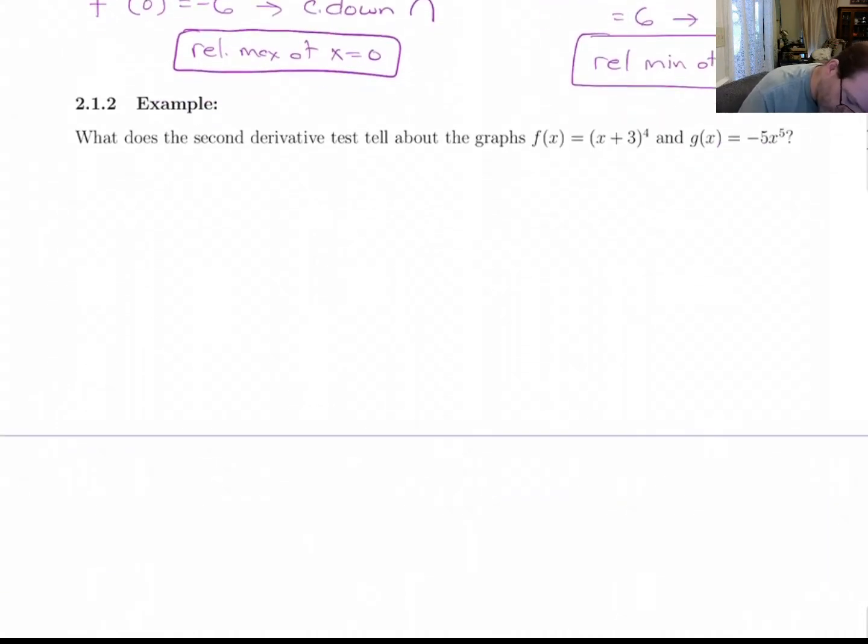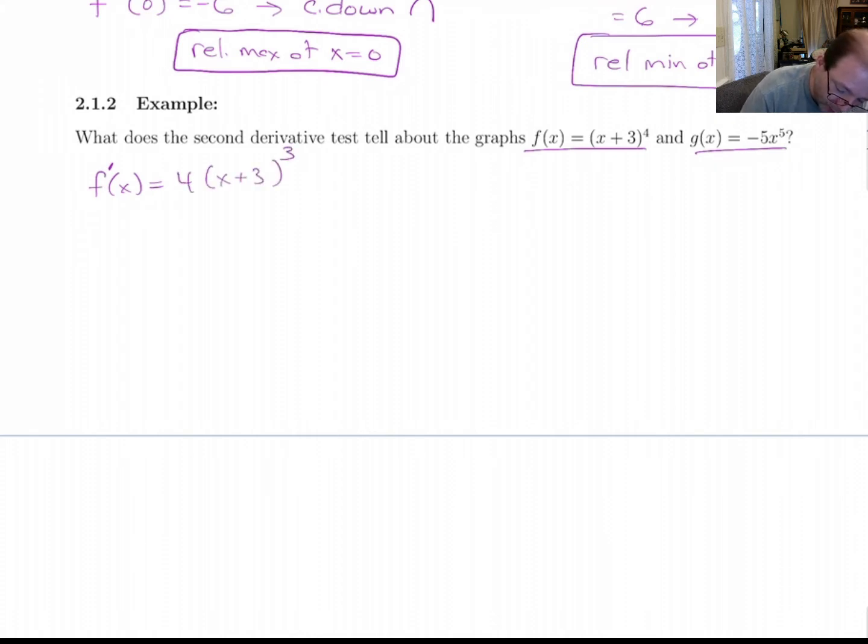Let's look at one more example. What does the second derivative test tell us about the graphs of this and this? All right, well, for f of x, f prime is going to be 4 times x plus 3 cubed. So that's going to give me x equals... I'm trying to be fast and making mistakes.